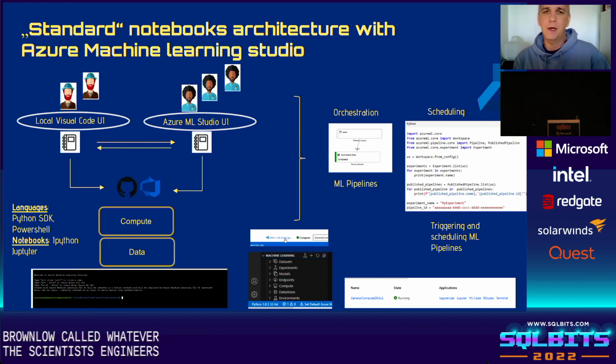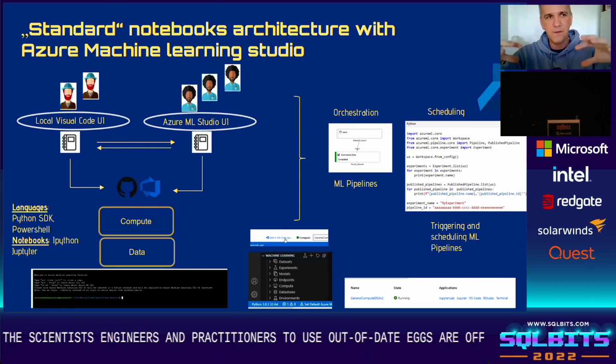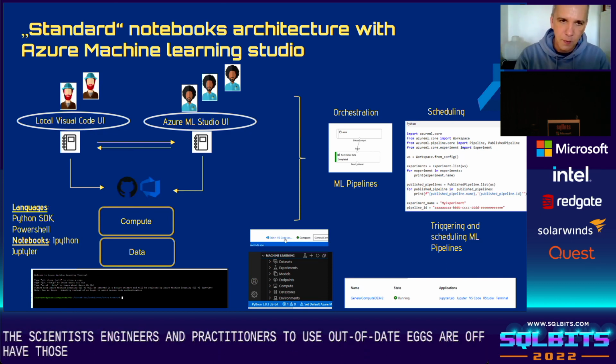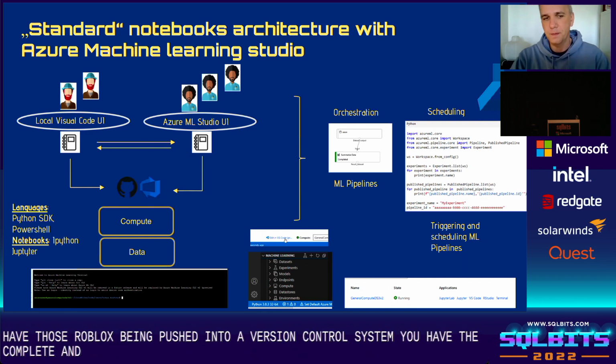They would either also use their own local version of notebooks, or they can go directly to, for instance, Azure, using either Databricks or Azure Machine Learning. Essentially, what you want them to do is to have those notebooks pushed into a version control system where they will have their compute and store. And that's it.